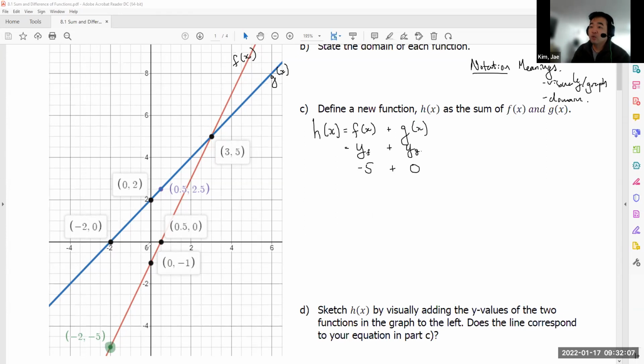Let's move on. When the x value is a 0, I have 2 and -1. Add those together, I'm going to have +1. I also gave you when x equals 0.5, 2.5 and 0. When I add that together, it's 2.5.